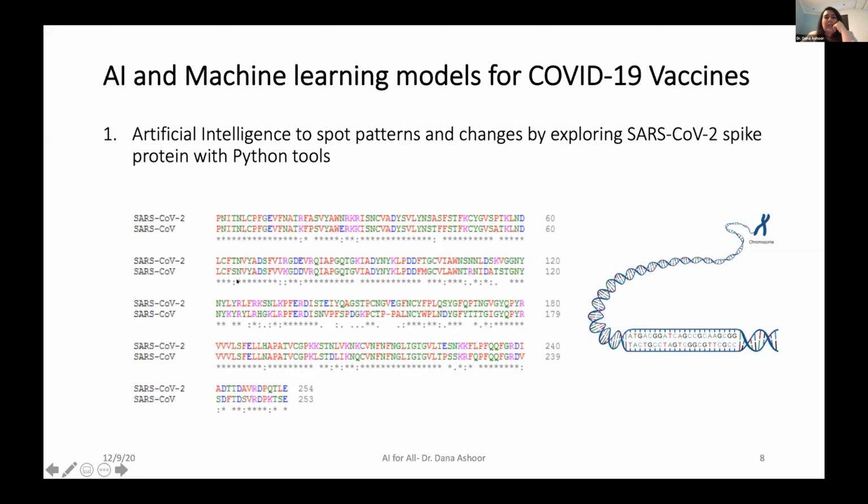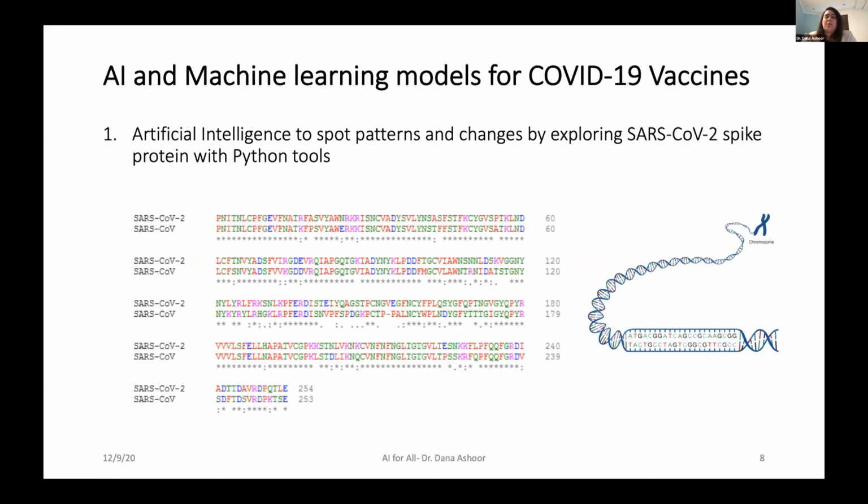So if you can see here in this picture, these are the codes, if we can call them codes, of COVID-19, the new coronavirus, which is called coronavirus 2, in relation to the previous coronavirus, because a few years back, we also had an outbreak of a new coronavirus, which was called coronavirus 1.